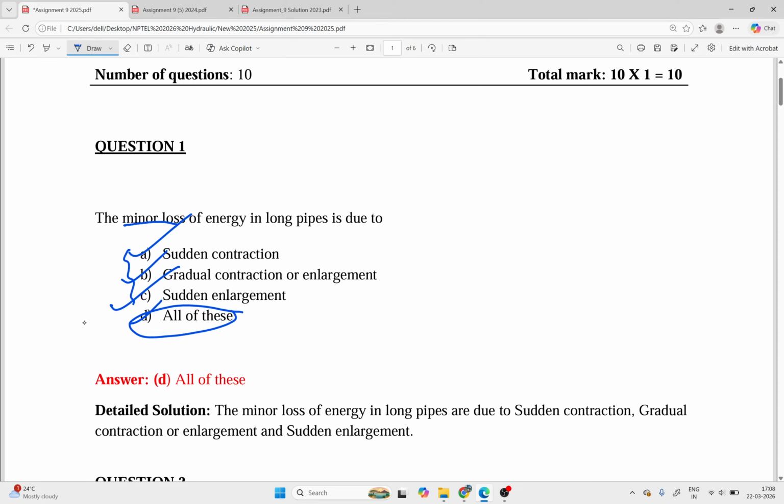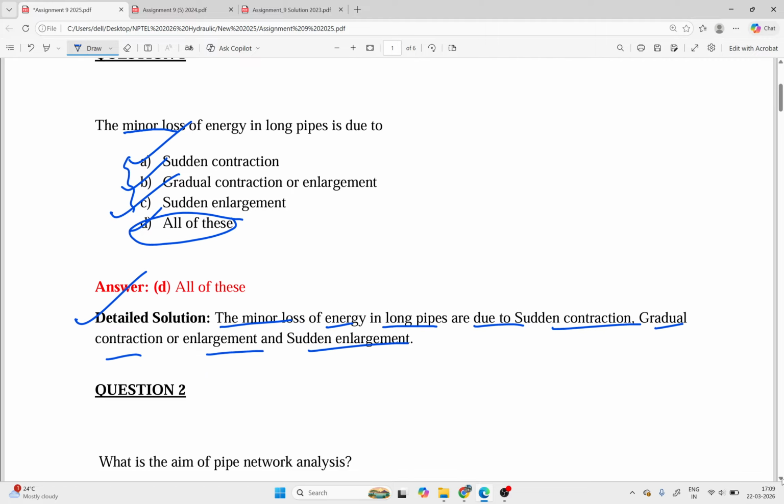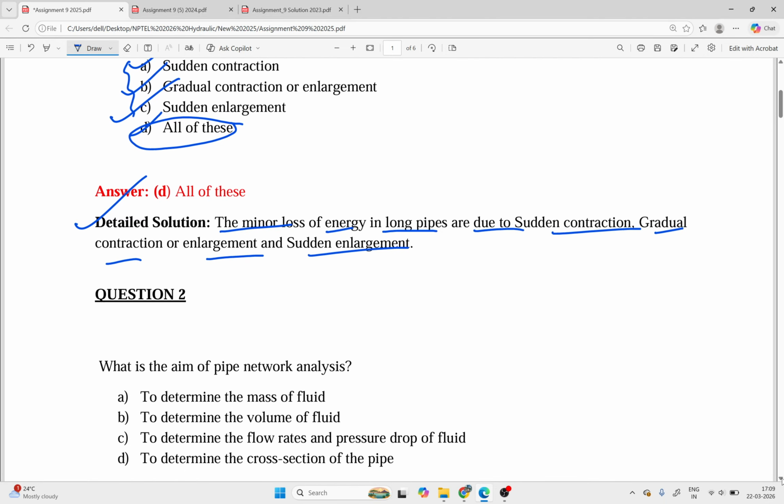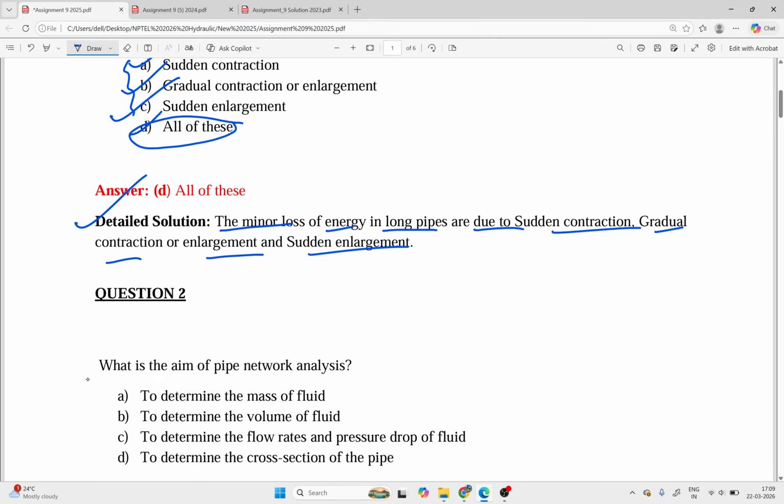So here you can see the detailed solution. The minor loss of energy in the long pipe is due to sudden contraction, gradual contraction or enlargement, and sudden enlargement. Now question number 2: what is the aim of pipe network analysis?